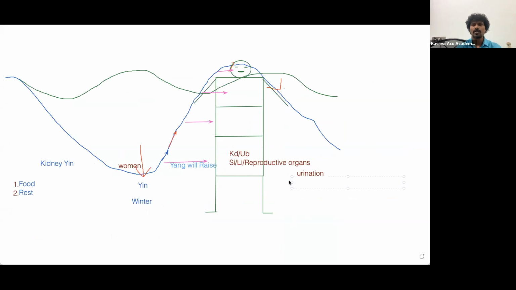The second important thing: kidney yang in the lower body is making warmth in the lower abdomen, especially the limbs.